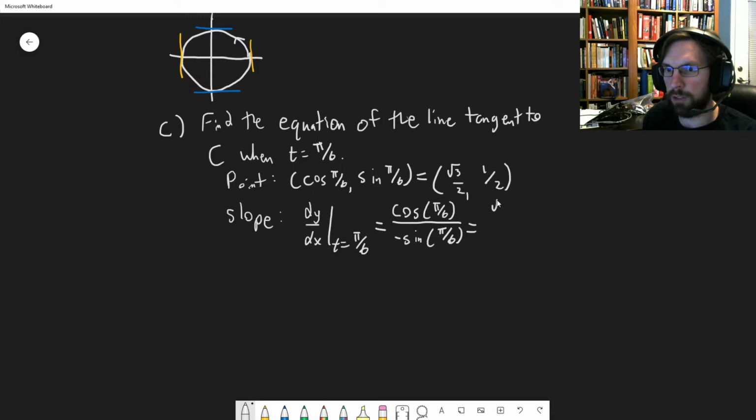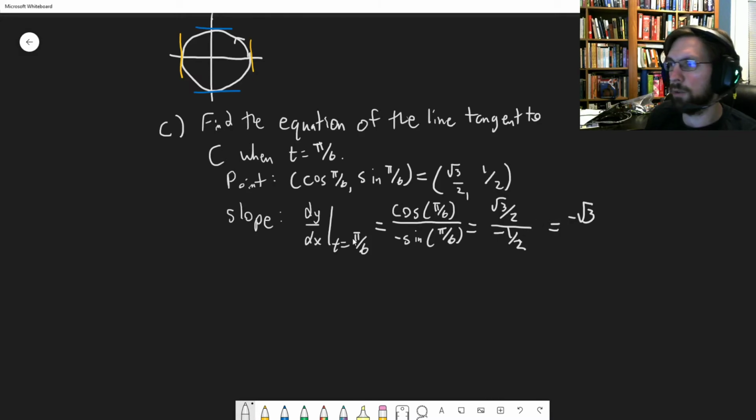Cosine pi over 6 we said was root 3 over 2. And sine pi over 6 should be 1/2, and we have the negative out over there. So this should be negative root 3.